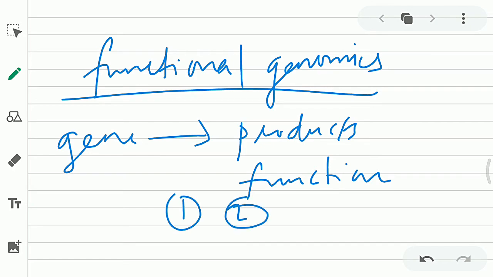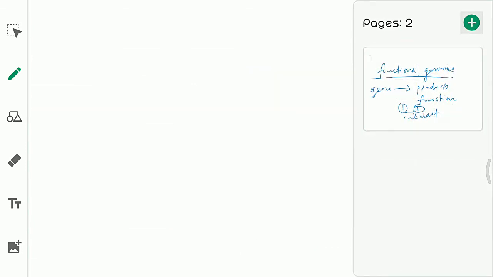If there are 2 or 3 products, how do they interact. Okay, all these things are being discussed in functional genomics.